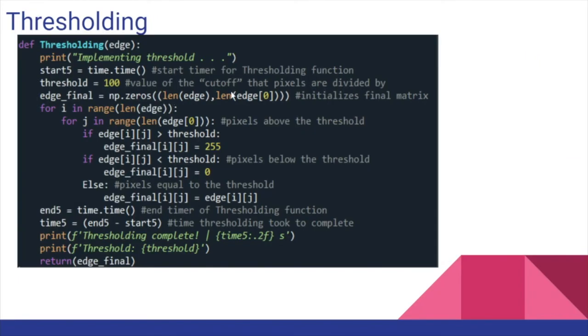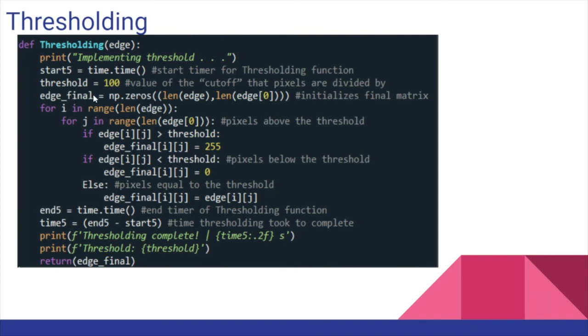So the thresholding function is the function that will threshold edges of the image array to create greater contrast by setting all pixels to black or white depending on if they meet a certain threshold. The threshold cutoff value we used was 100. This was just because higher values didn't really show as much detail.